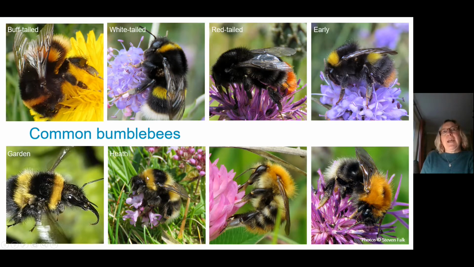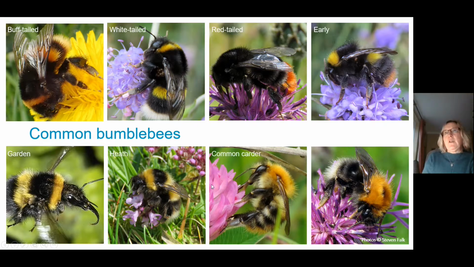Like the garden bumblebee, it has 1, 2, 3 yellow stripes on a white bottom, but it's distinguished from the garden bumblebee by not having that long face, and it also tends to be smaller and fluffier. Okay, I will come back to all of these in a sec.